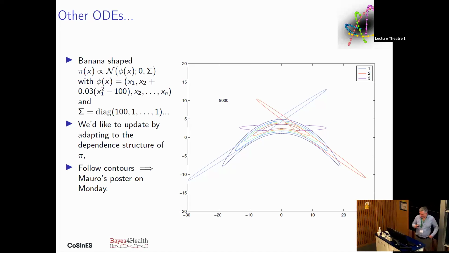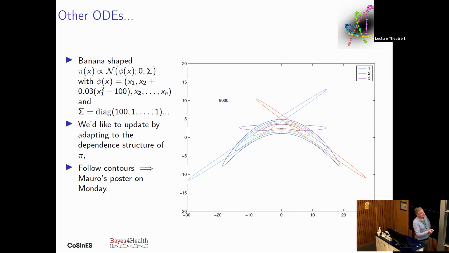But now I'm going to make another detour, especially because Mauro talked quite a bit about many things yesterday. So I'm going to talk about something slightly different to show you what I mean by exploiting the geometric properties of the target. I'm using here an old friend, the banana shape distribution, which is defined like this.